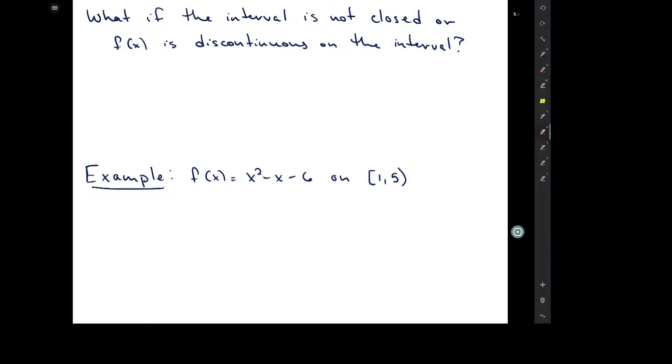Okay, let's move beyond the scope of the extreme value theorem now. What if the interval that we're working with is not closed, or the function f is discontinuous on the interval?